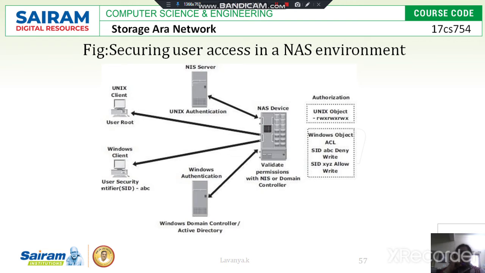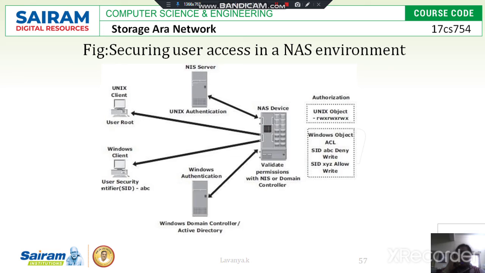This server stores all the login credentials of the Unix environment users. The NIS provides the login credential to that particular client. So if the client is valid, it can access the data inside the cloud.